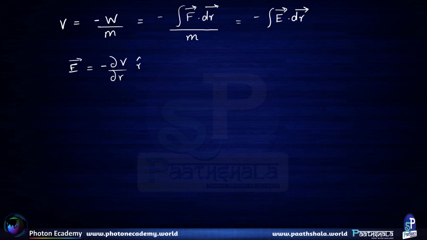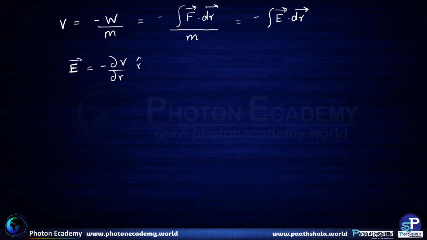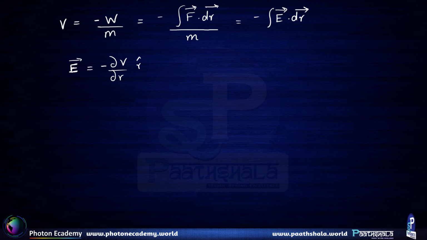This concept is slightly mathematically intensive, so without going too much into the depths and details of what a radial gradient is in spherical polar coordinates, I'll just write down this expression and we'll understand it more when we solve questions.